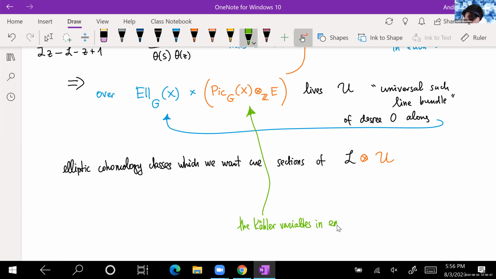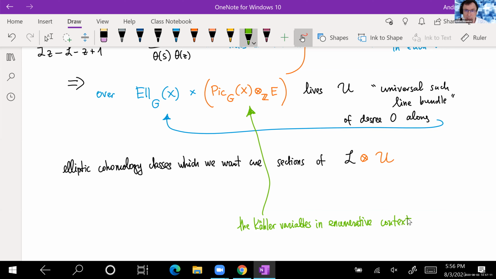I don't have time to go into this in great detail, but the main application here concerns solving some enumerative problems.